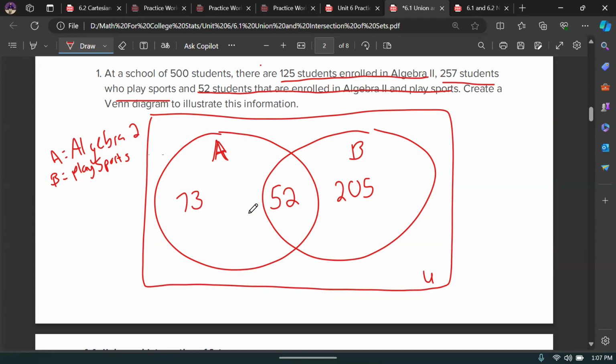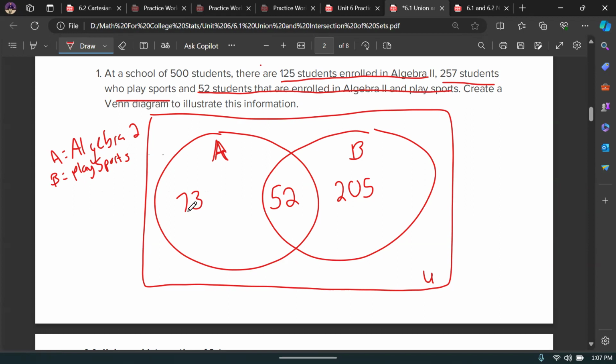So there you go. Right now we're not done entirely yet because how many students have we totally accounted for here? I'm going to need a calculator for this. Give me a second. So we've accounted for 73 plus 52 plus 205.